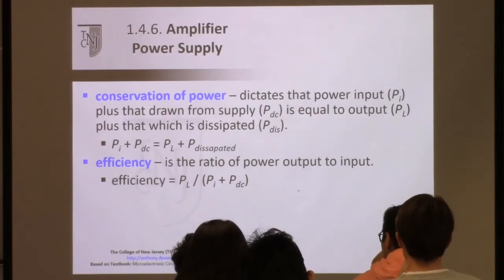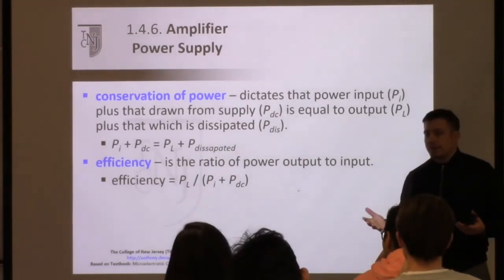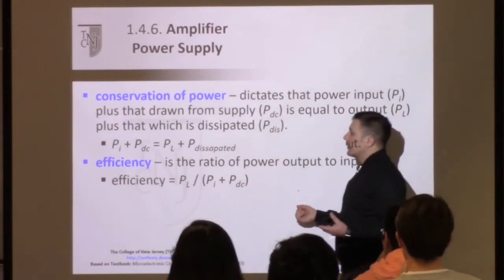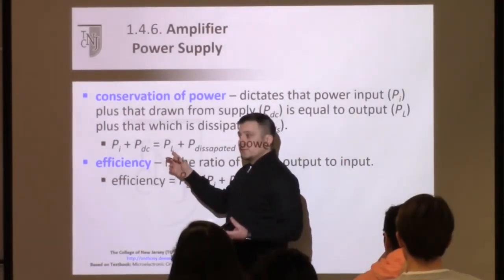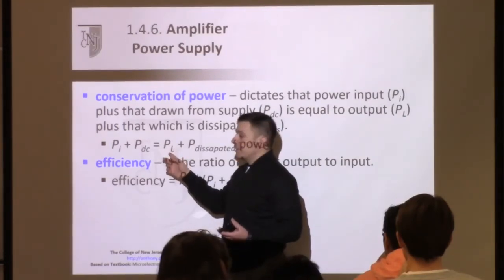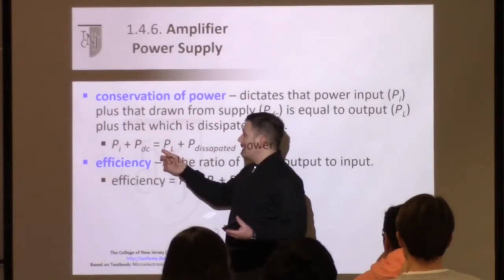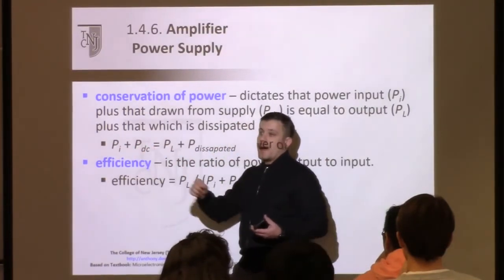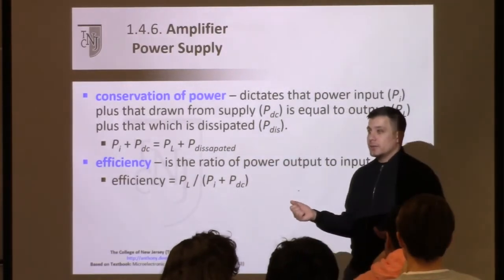Okay, so conservation of power and efficiency. All that's saying is, an amplifier works like any other physical system. It conserves energy. So the amount of power being supplied to the load plus whatever's lost to heat will be equal to the power of the signal coming in plus the power of the DC supplies that are being given to it.